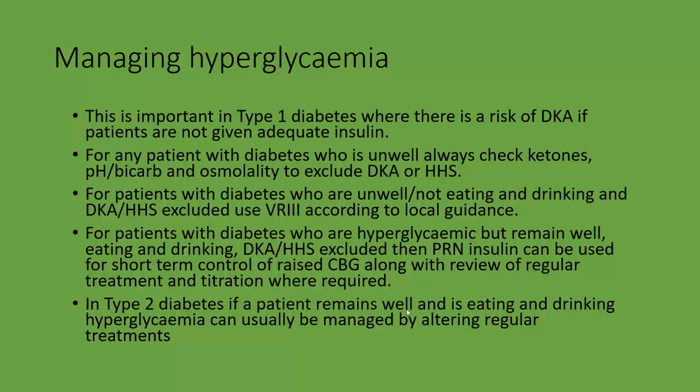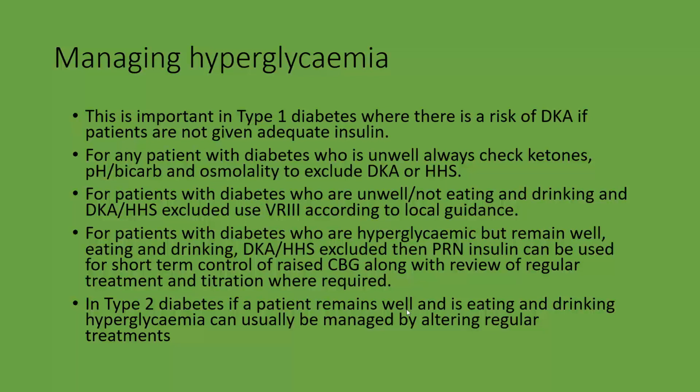And if you want to exclude HHS, you should do osmolality as well. If it is type 2 and you are suspecting HHS, do an osmolality. For patients with diabetes who are unwell, not eating and drinking, and DKA and HHS excluded, you can use variable rate insulin.